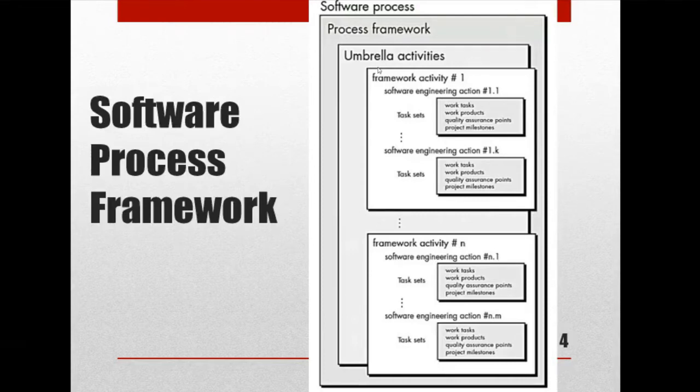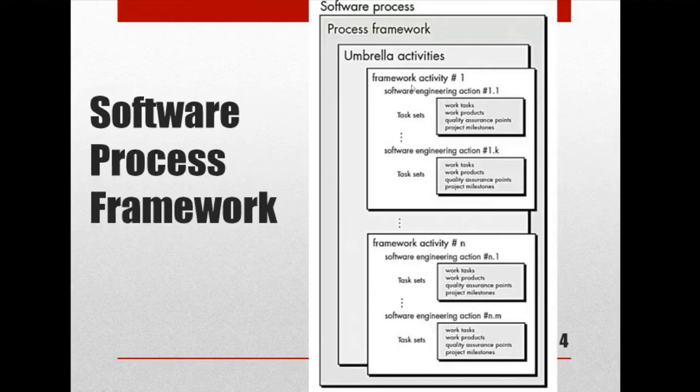Each framework activity consists of a number of software engineering actions. Check it out: software engineering action 1, software engineering action 2, up to software engineering action 1.k. So there are a number of software engineering actions. Each software engineering action consists of a number of task sets.